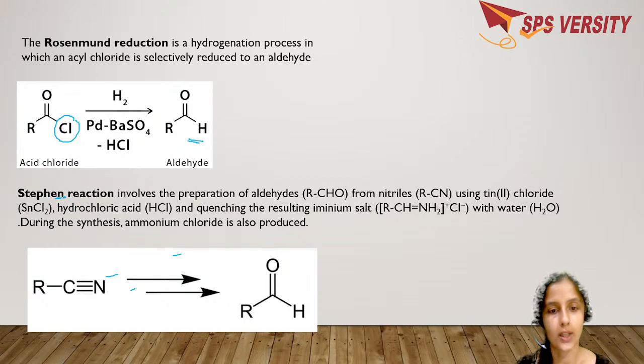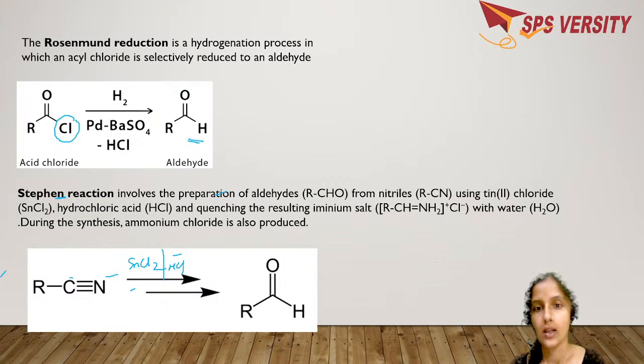Then you have the Stephen reaction, where for the preparation of the aldehyde, you start with the nitrile, that's cyanide compounds, RC triple bond N, and you reduce it in the presence of tin chloride and hydrochloric acid. What happens when you reduce it? RCH double bond NH is what you get.